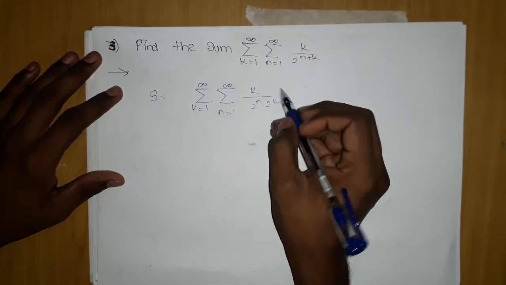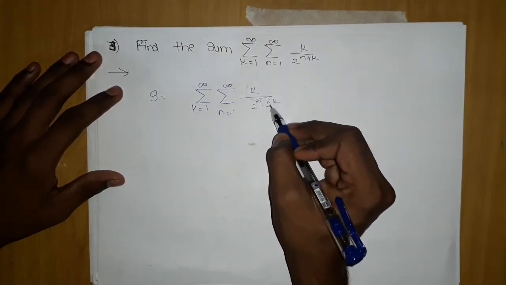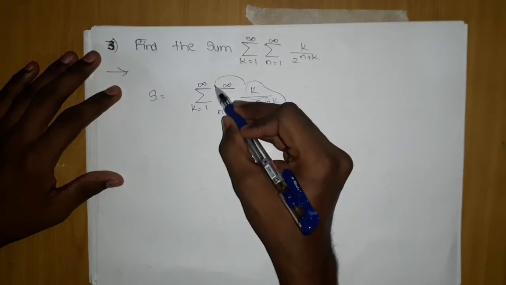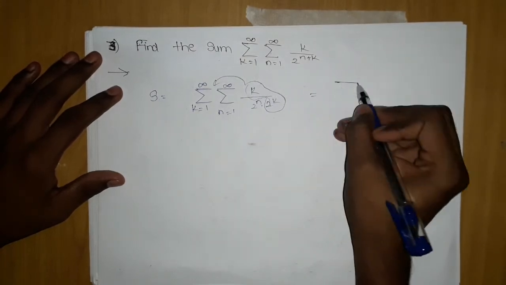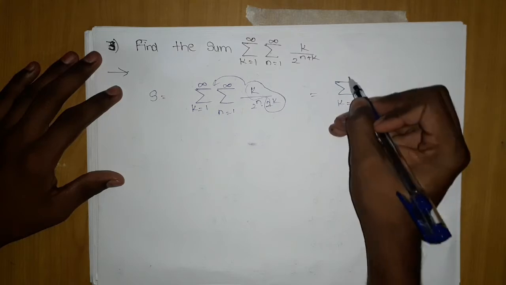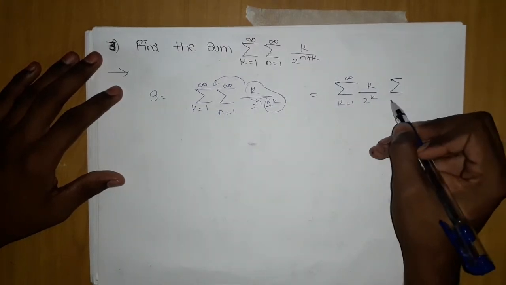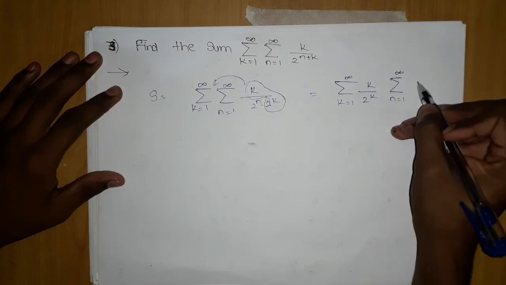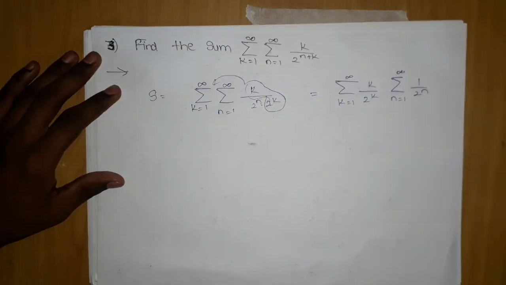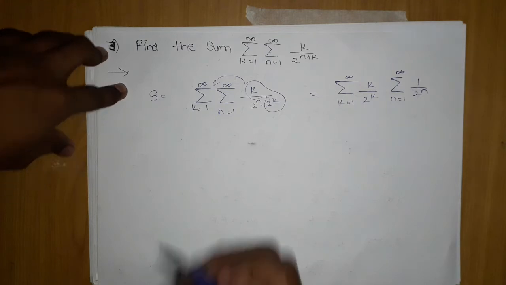We can split it as 2 power n times 2 power k, so this part is independent. Clearly, sum over k equals 1 to infinity of k by 2 power k, and we will move the sum over n from 1 to infinity of 1 upon 2 power n. Now let's open all the things and see.